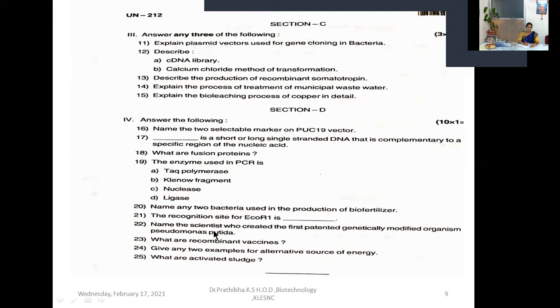Name the scientist who created the first patented genetically modified organism, Pseudomonas putida. What are recombinant vaccines? Give any 2 examples for alternative source of energy. What are activated sludge? Okay.